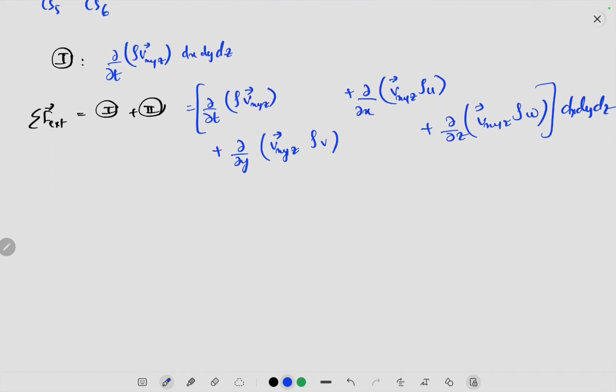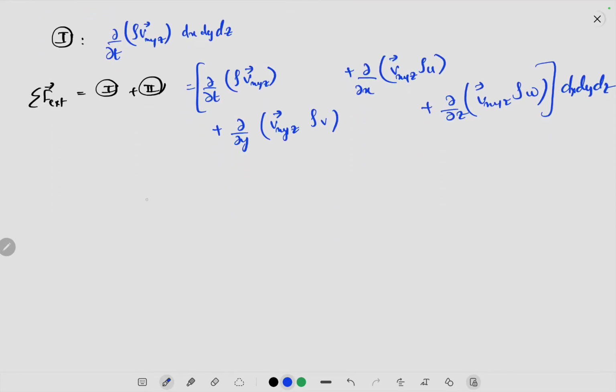Now to further solve this expression, we can use the earlier derived continuity equation. From the continuity equation, we know that del rho by del t plus divergence of rho v equals 0.